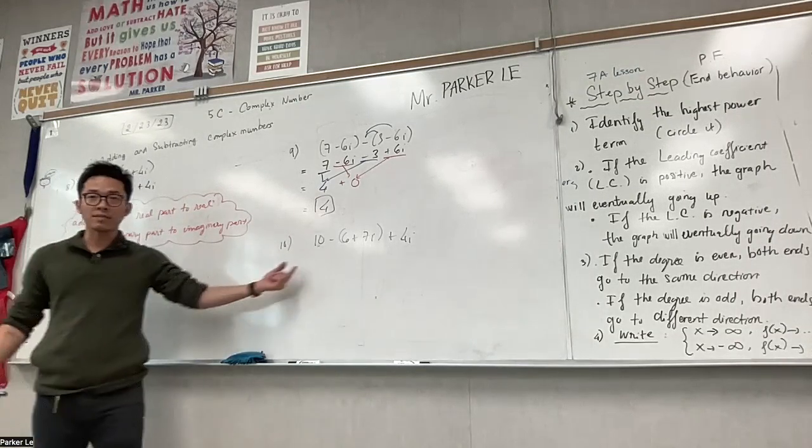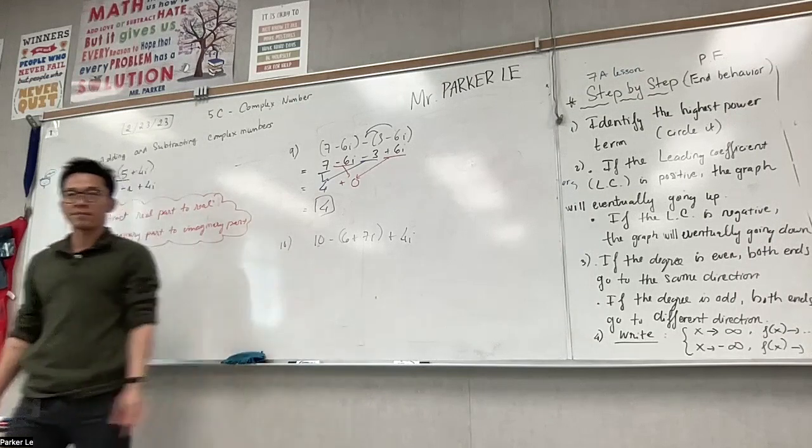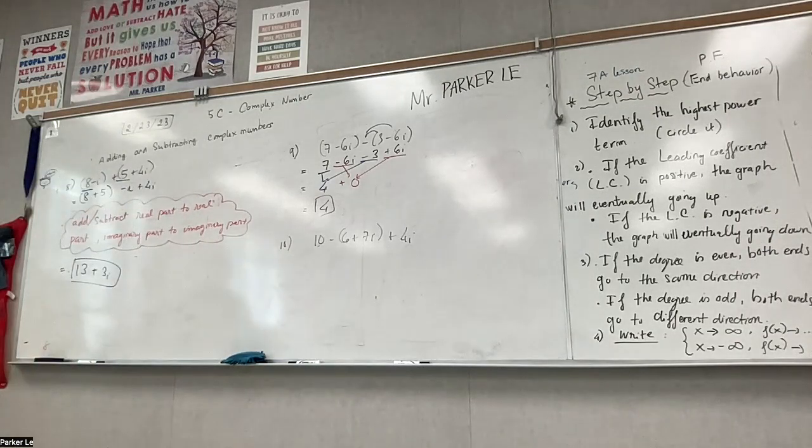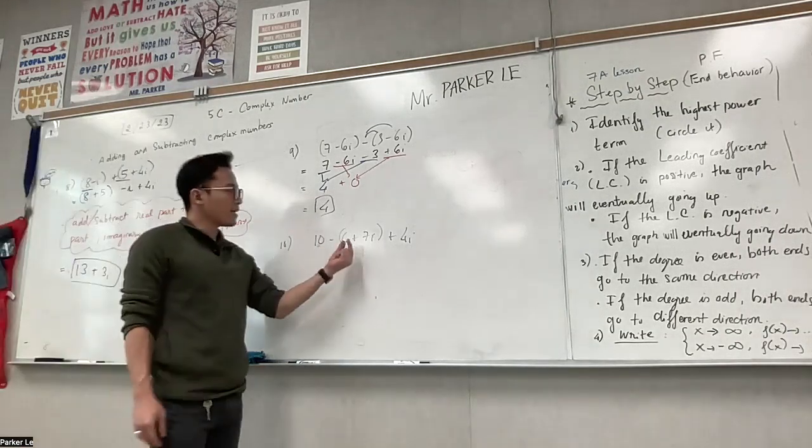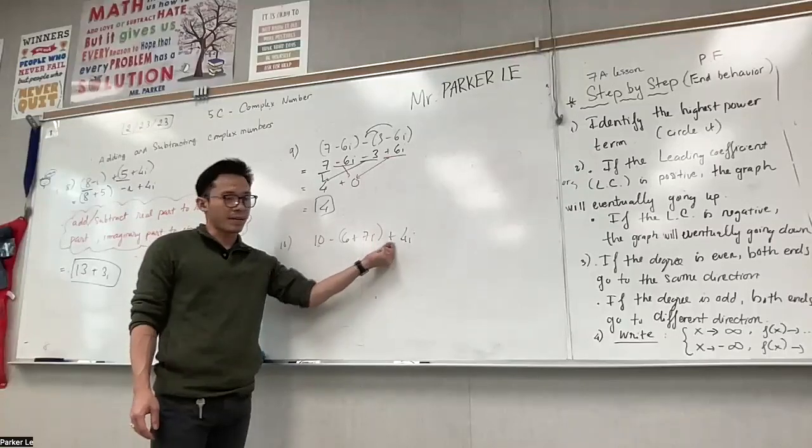How about this? Do you want to do this by yourself? I'm going to go around, check, and give you the homework when you're done. Do it by yourself. For number 10, give me the final answer. It is 10 minus the parenthesis 6 plus 7i, and then plus 4i.